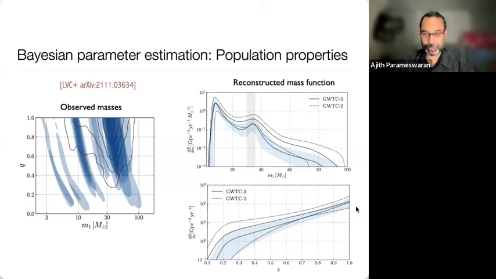And this shows how the mass ratio of these black holes is distributed. Most of them have equal masses, and the number of black holes with large mass ratio is small. So it shows an example of how one could do population inference. One could extract properties of the population of astrophysical sources using the observed events.